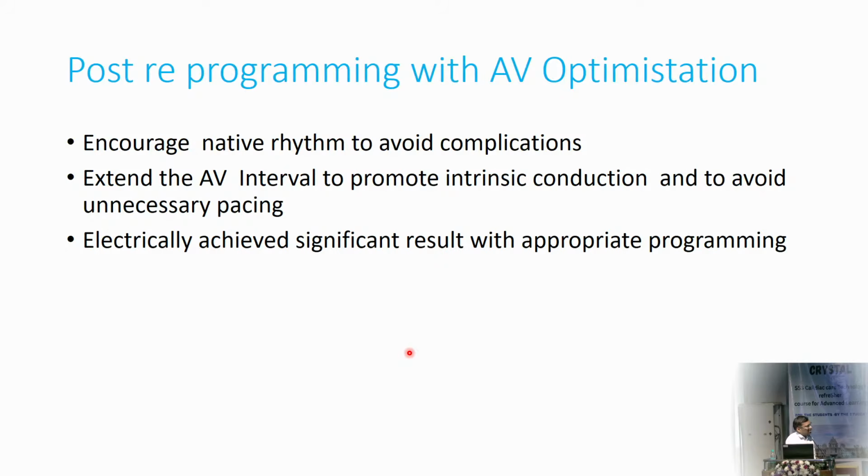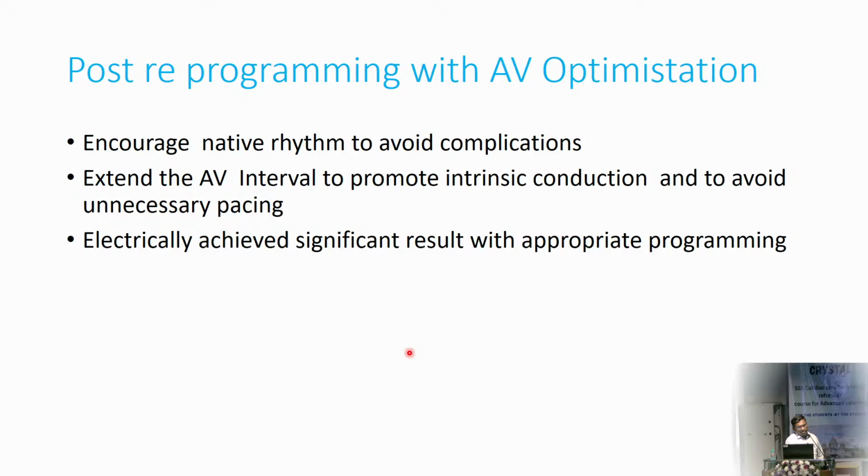The concern is, if a patient has AV nodal conduction, we always want to minimize ventricular pacing to avoid this LBBB pattern on the ECG. Here are some parameters which, if you adjust them, will help the patient.